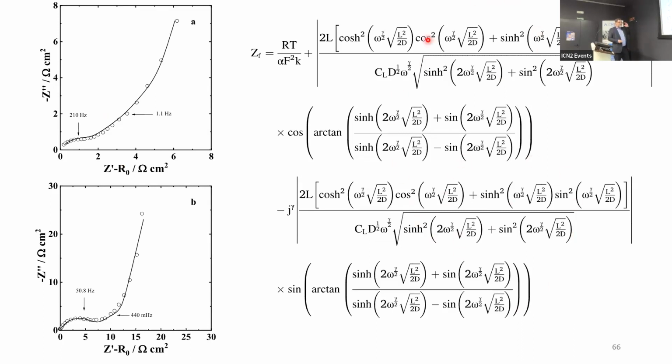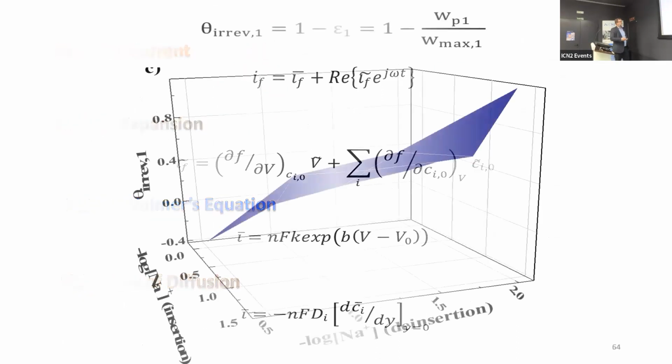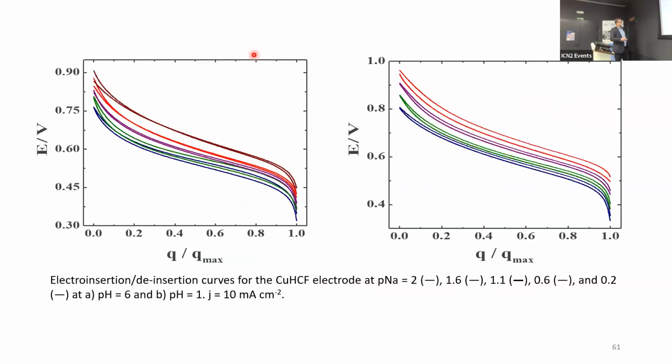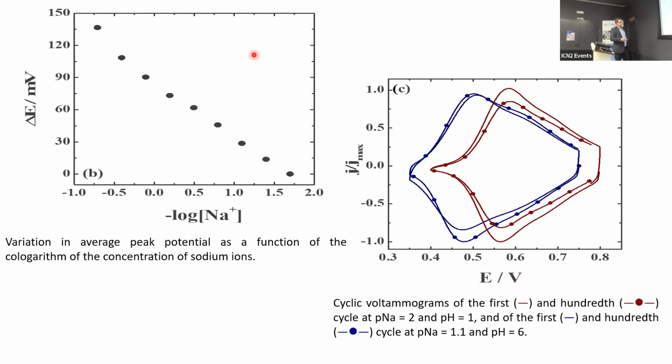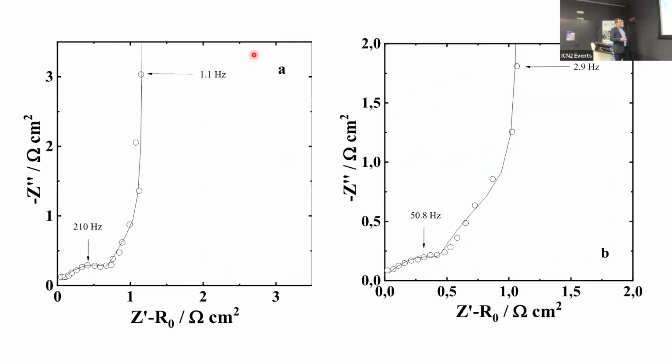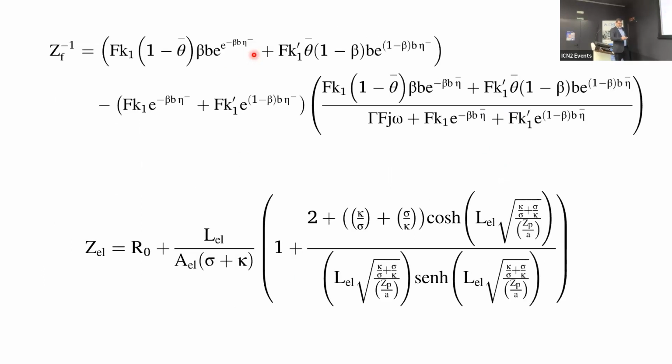It's more complex because of the mass transference, and we have used this transfer function in the transmission line to consider the porosity.